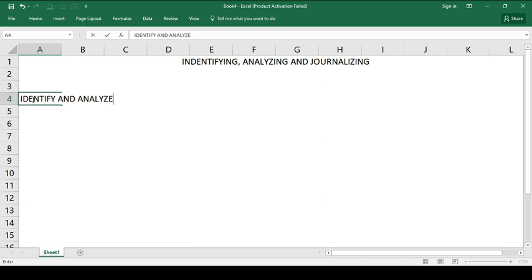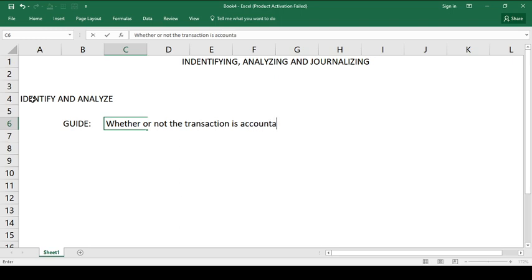Ano po ba ginagawa natin on identifying and analyzing? Here, on this particular stage or phase or step of the accounting process, we need to identify our guide, that our guide question in the identifying and analyzing step of the accounting process is whether or not the transaction is accountable or not.